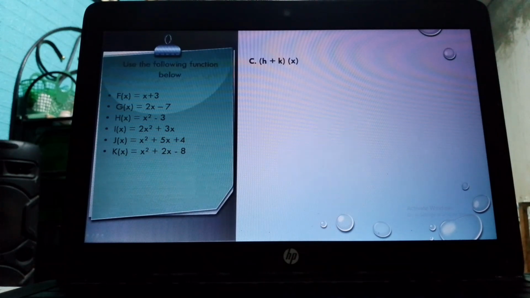Okay, now let's proceed. Our first step is to write it down, right? So the function h is x squared minus 3 plus the function k, which is x squared plus 2x minus 8.